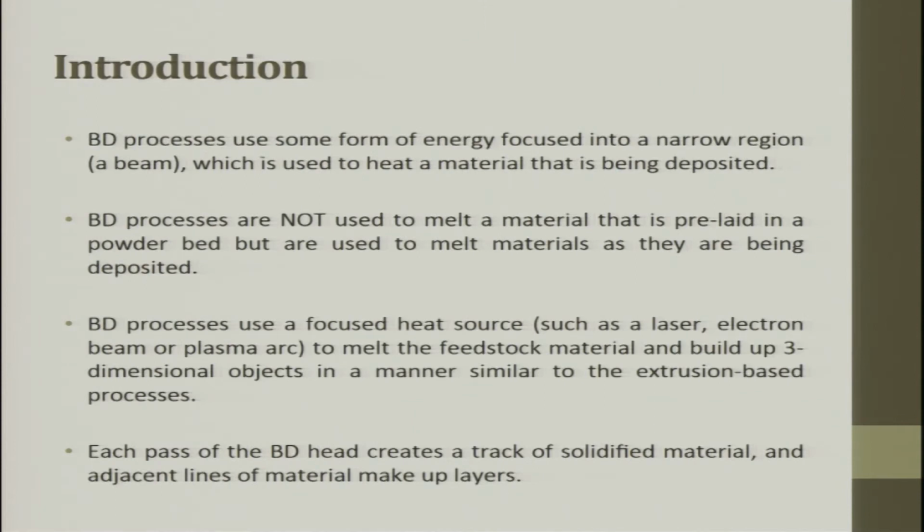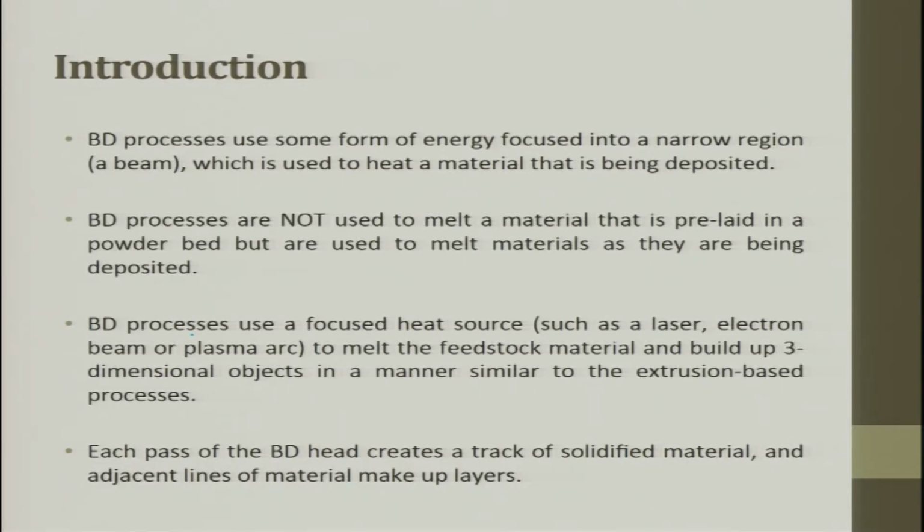Beam deposition processes use some form of energy focused into a narrow region, a beam, which is used to heat a material that is being deposited. This is what I discussed in the introduction. Beam deposition processes are not used to melt a material that is pre-laid in a powder bed, but are used to melt material as it is being deposited.